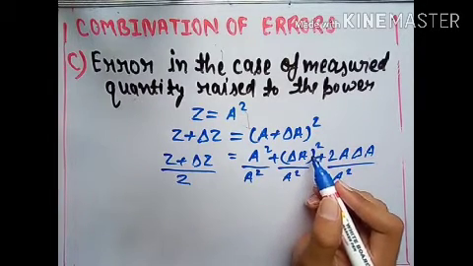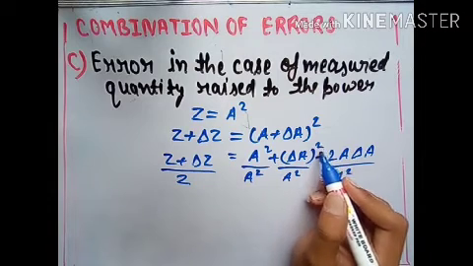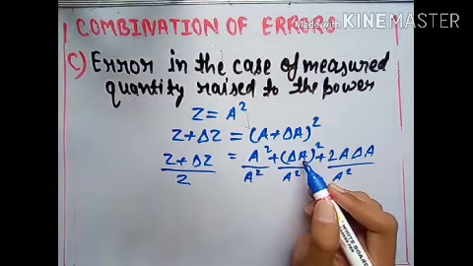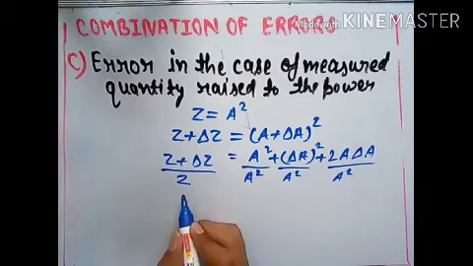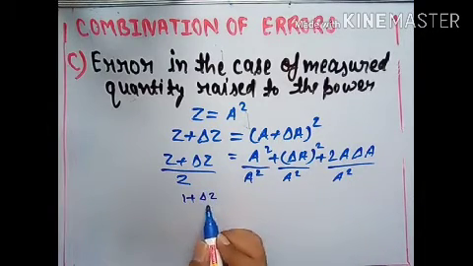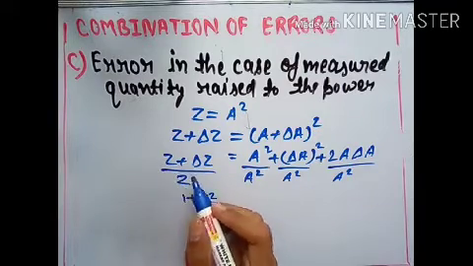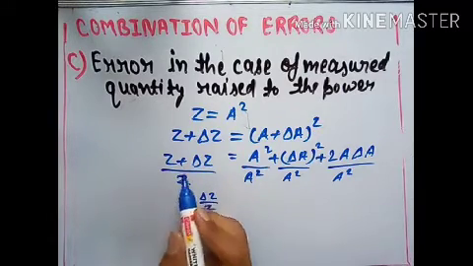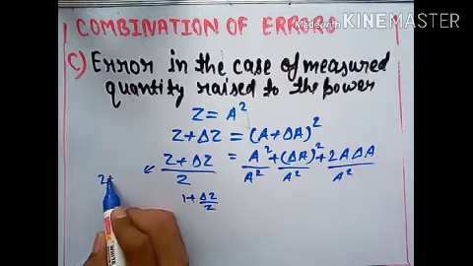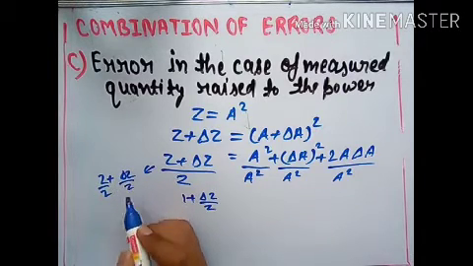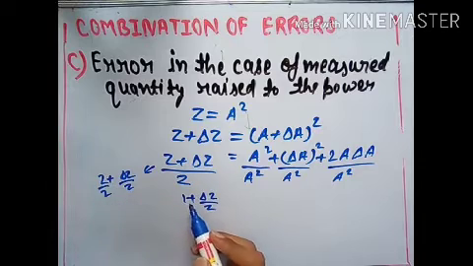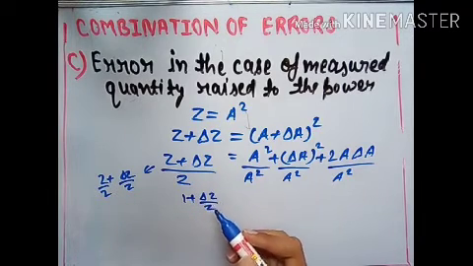This is a negligibly small value because you are squaring something less than 1, so it becomes much less than 1. The left side becomes 1 plus delta z by z. If you don't know, look here: z plus delta z divided by z, so z cancels and becomes 1, plus delta z upon z.